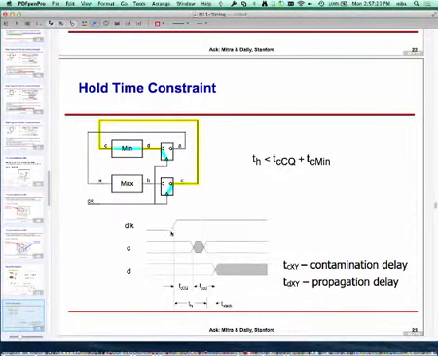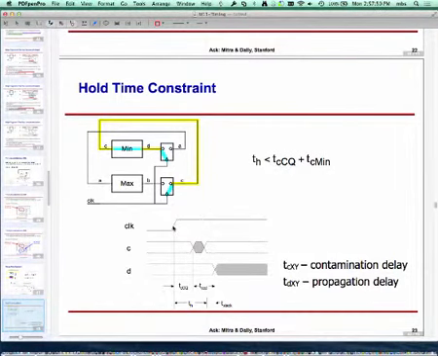So let's say I'm looking at a clock edge, the same clock edge for both flip-flops. At this clock edge, if I look at the data line out here, it may change as soon as the contamination delay through the bottom flip-flop plus the contamination delay through this min logic block. As soon as that happens, this D line can begin to change.